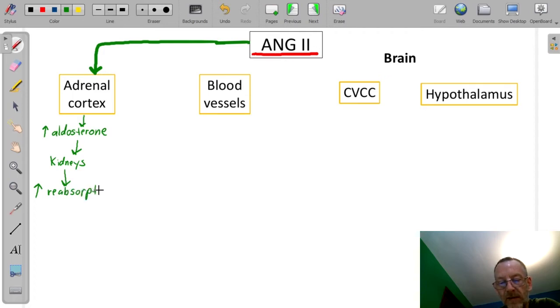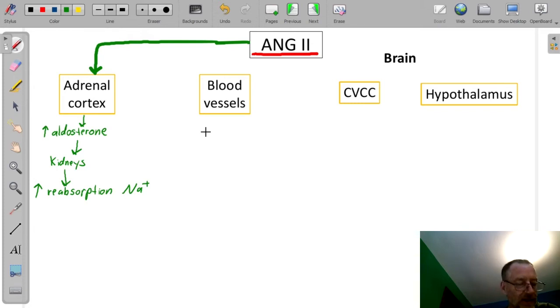So less sodium is going to be lost in the urine. And sodium, perhaps you remember, if not, I'll point it out now, is the primary ion that's responsible for regulating extracellular fluid. More sodium, more water retention, more blood pressure.